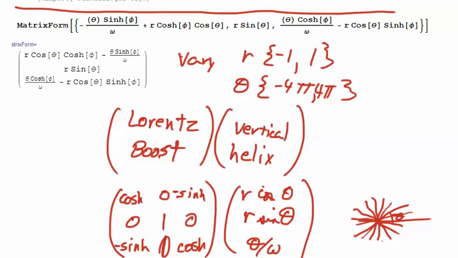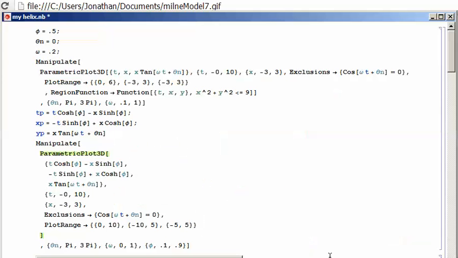So that's a fairly elegant way of producing a helix with a parametric plot. That's interesting. I can compare that to my first attempt to produce this image, where instead of using r and theta as my variables, I tried to use x and t.